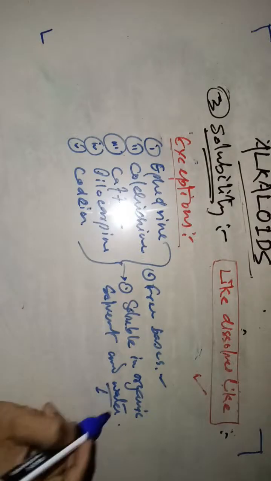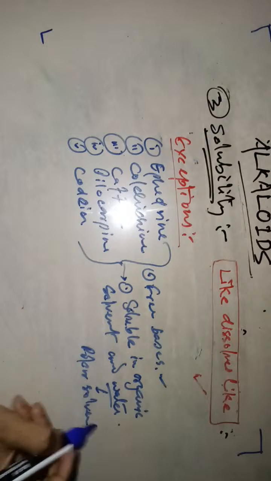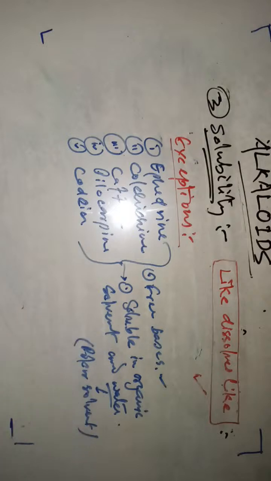Water is a polar solvent, it is polar in nature. So though ephedrine, colchicine, caffeine, pilocarpine, and codeine are all free bases, they are still soluble in organic solvent and water.